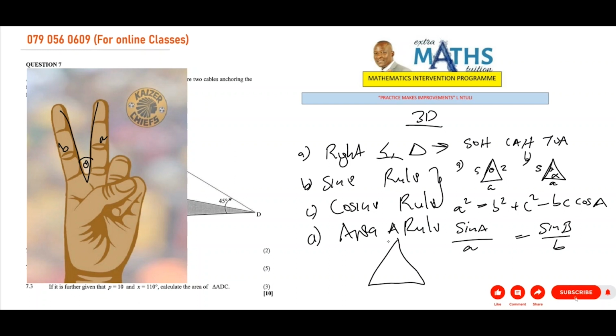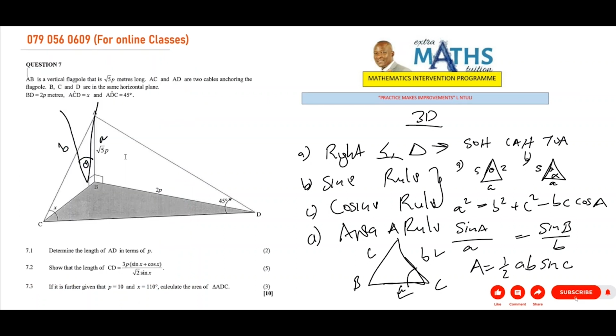Let's say this is your A, B, and C, with small letter a, small letter c, and small letter b. What does the formula say? It says area equals half a, there is an a, b, there is a b, sine what, guys? Sine C, and there is a C. This is Kaiser Chiefs. Please make sure that you don't forget that.